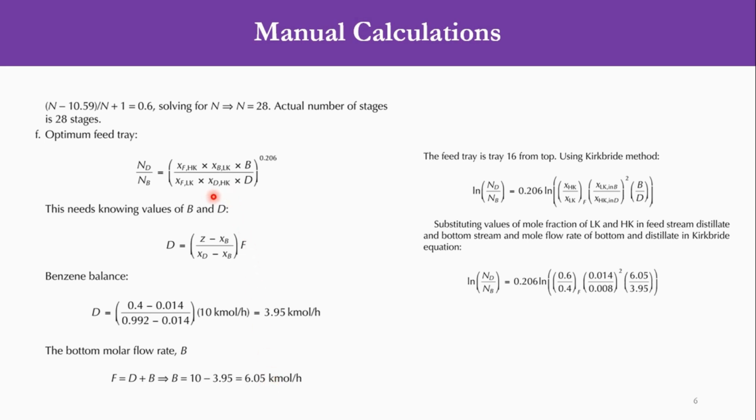Now this is one correlation, but we will use this correlation, which is the Kirk-Bride method. Natural log of ND over NB is equal to 0.206 times natural log of X of heavy key divided by X of light key in feed, times X of light key in bottom divided by X of heavy key in distillate, square root B over D. So substituting the value of X of heavy key 0.6, light key 0.4, light key in bottom, which is benzene, so it is 0.014, heavy key in distillate, which is toluene, 0.008, 6.05 divided by 3.95.